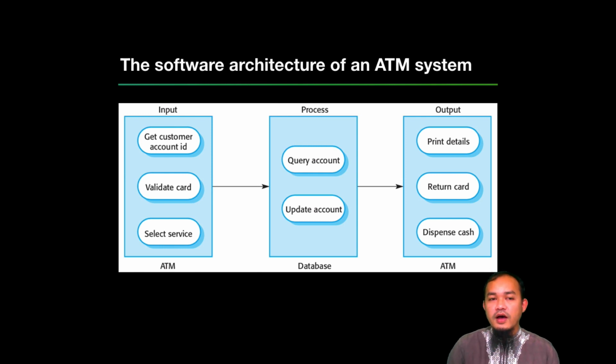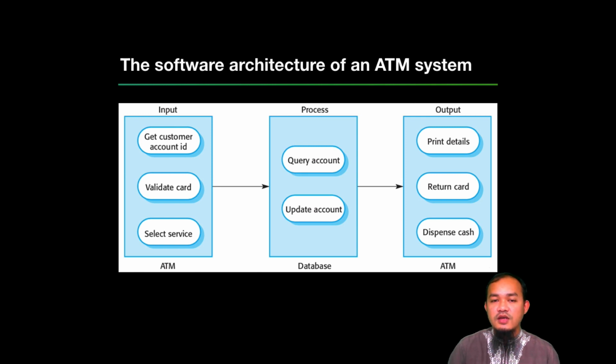We have input, processing, and output. The input is the user's customer ID, wallet card, and selected service. You insert your card and then you validate the card by entering some kind of PIN or password. Then you select the service you want, withdraw or deposit.